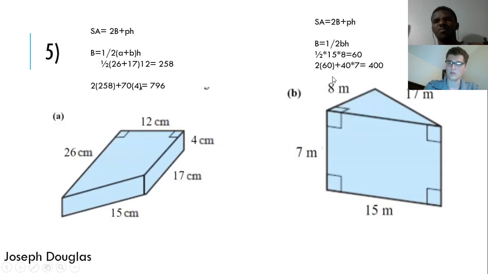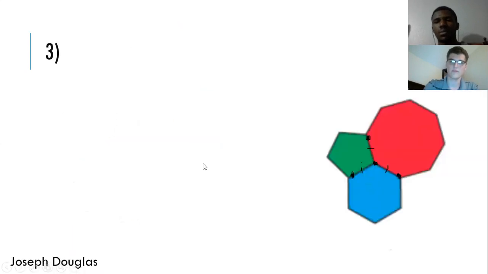So 15 times 8 times 1/2 gives us the base. Then we multiply that by 2 plus perimeter times the height. That's always the formula for the prism. The only thing that changes is how you find the area of the base itself. Okay.